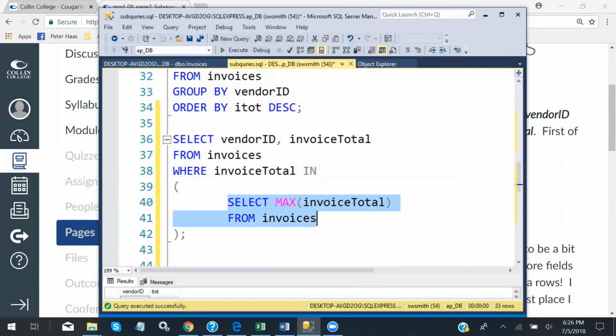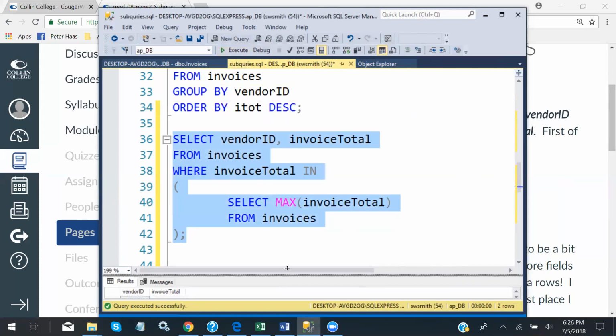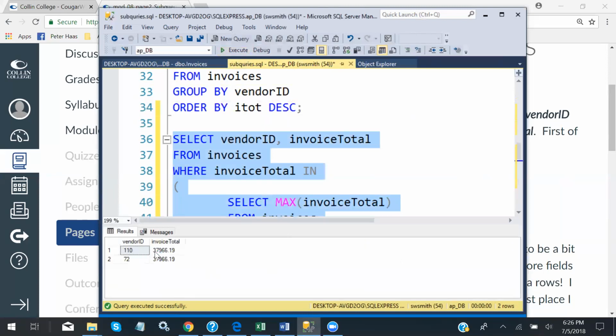That subquery logically runs first, and we go and find the maximum, and then we go through the invoices and find the ones where the invoice total matches that maximum. If I execute this, I'm going to see I get both of the ones that I want.